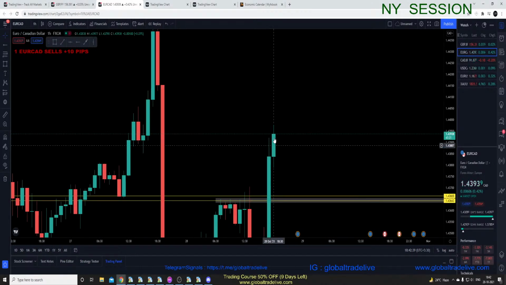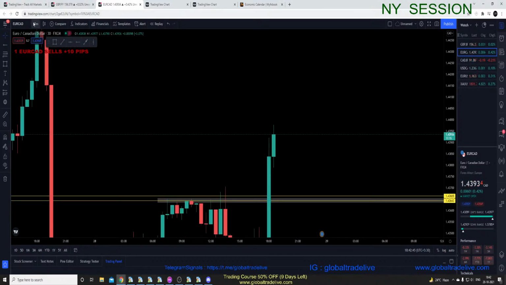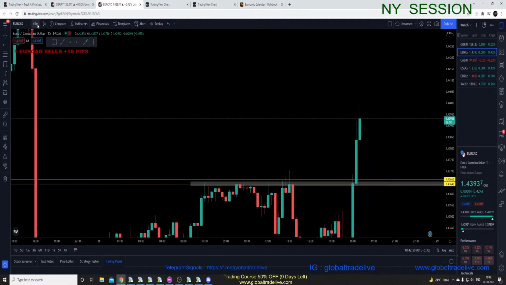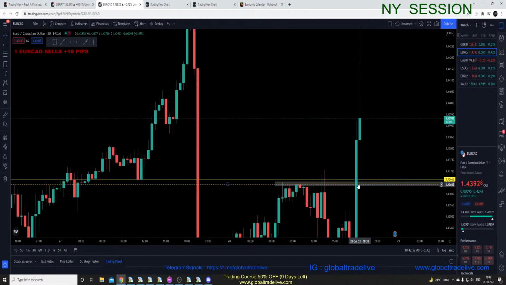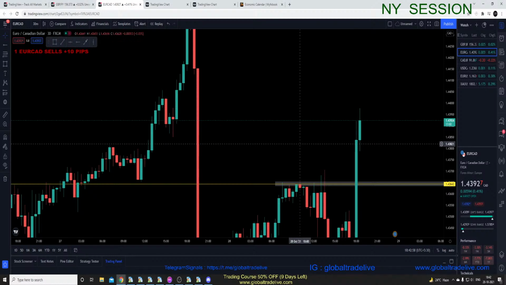The thing is, this 1 hour has to go up, but where, oh sorry, when and how, that I need to figure out. This 30-minute closed away from this zone. There has to be a retracement.